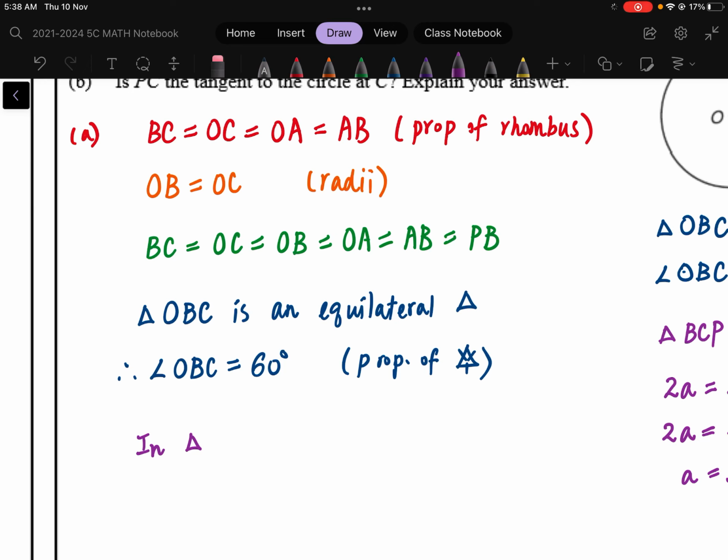Next, we will look at triangle BCP. BC equals BP. Just now, proved already.